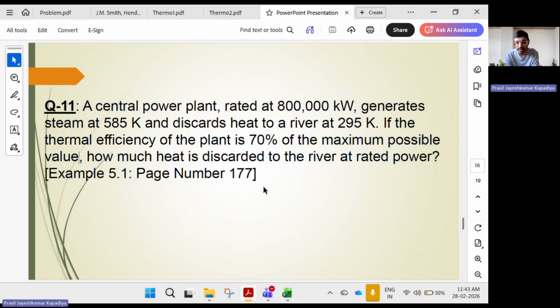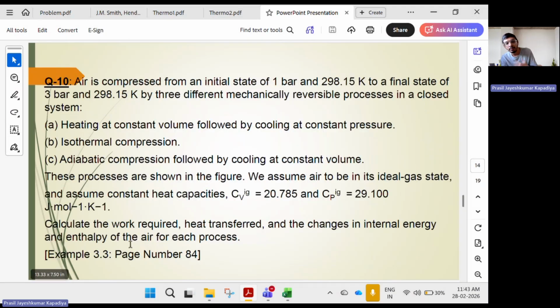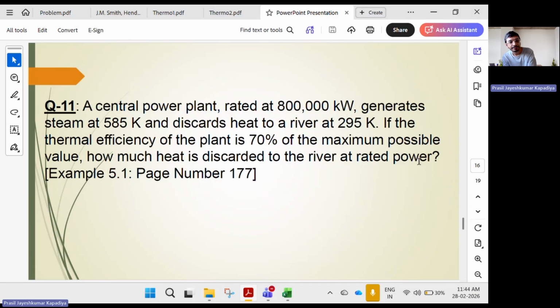So we need to find that value first for the Carnot engine, and then multiply it with 0.7. In this problem also, we need to be very careful with the units and their conversion. You can be tricked in your exam with units, so make sure that whatever units you are using, those units are consistent throughout.